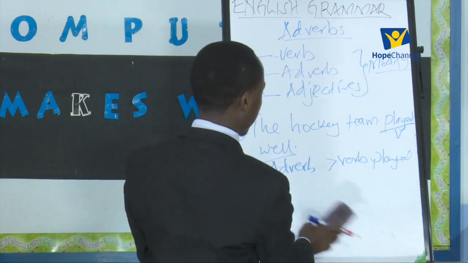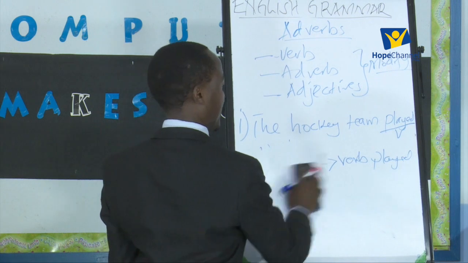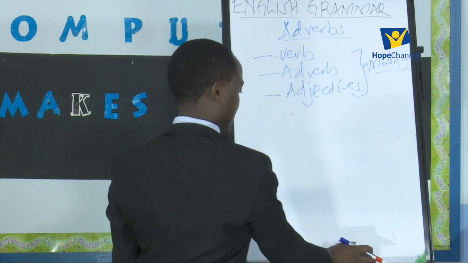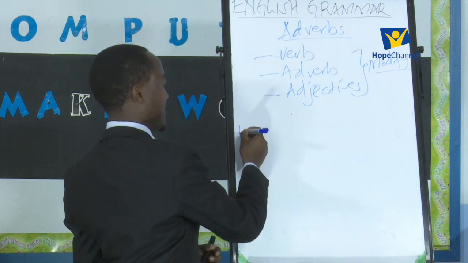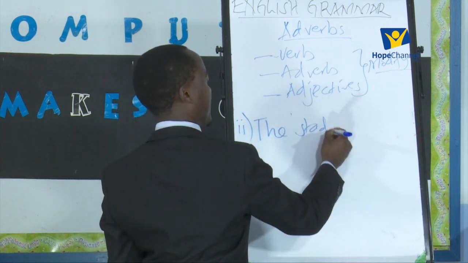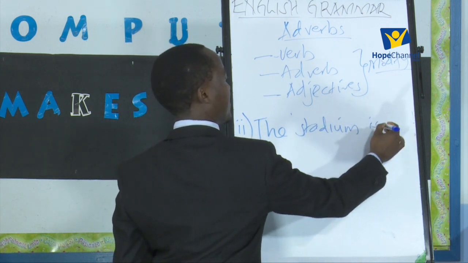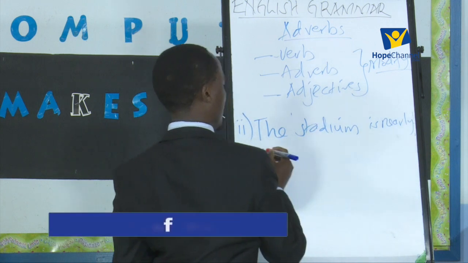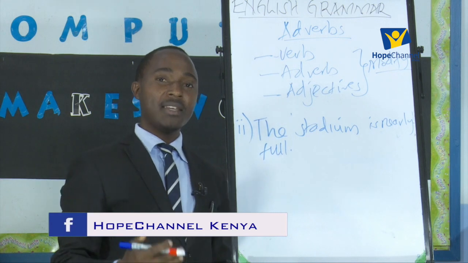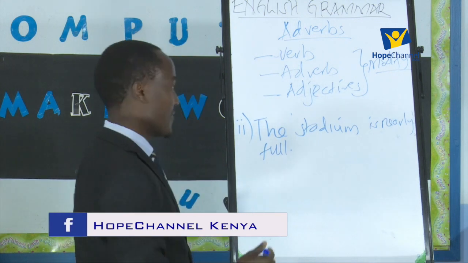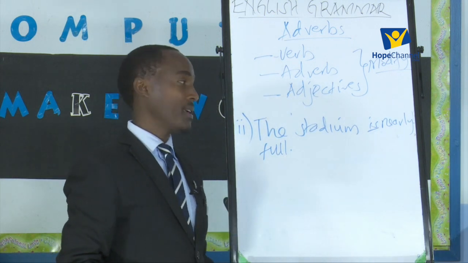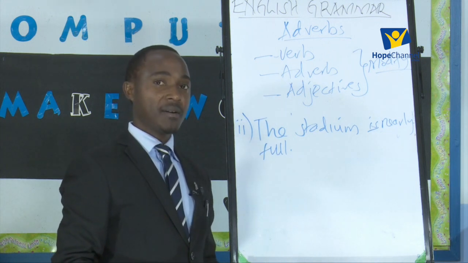In another sentence, for example, the stadium is nearly full. Which is the verb? The verb is, which is an auxiliary verb. It's not an action verb, it's a helping verb, but in this case functioning as the main verb in the sentence.